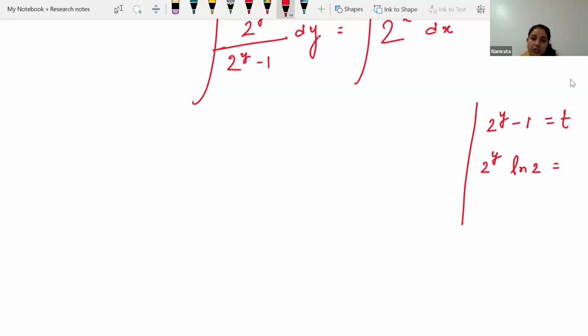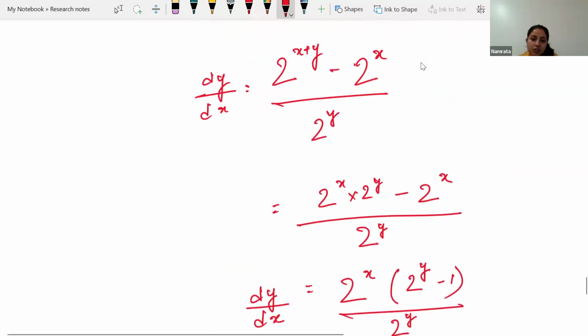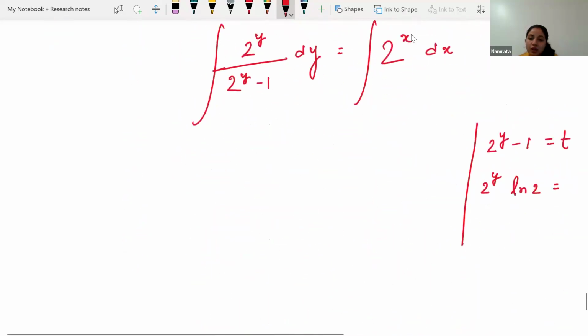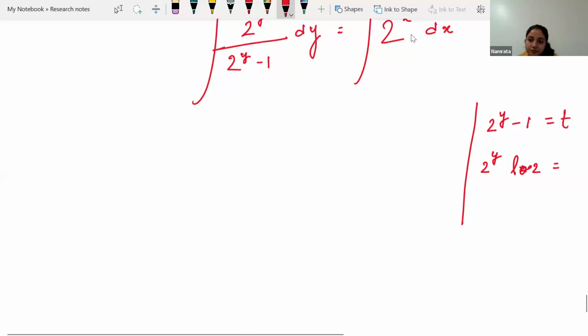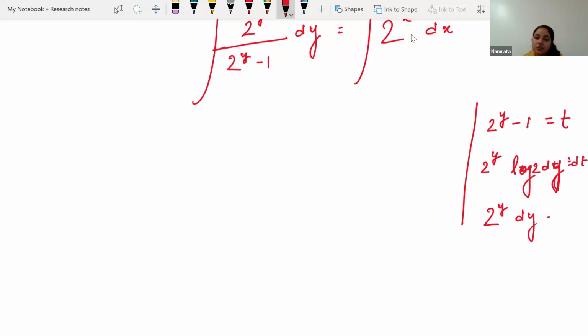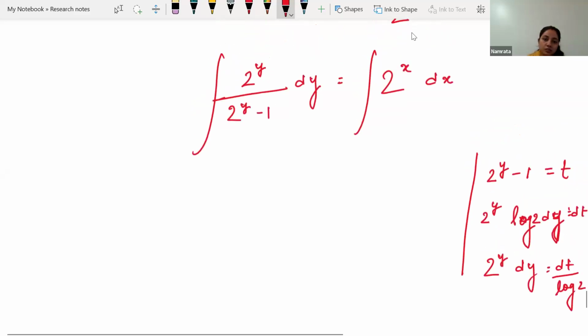Natural log I am taking because everywhere I have seen e. Okay, the base was e or the base was 2? Base was 2. Log I am taking. So 2 to the power y dy is equal to dt by log 2. Okay, so this is what we are getting here.